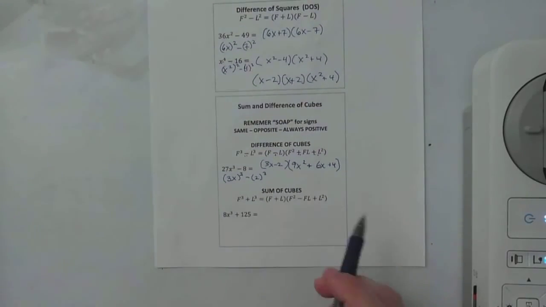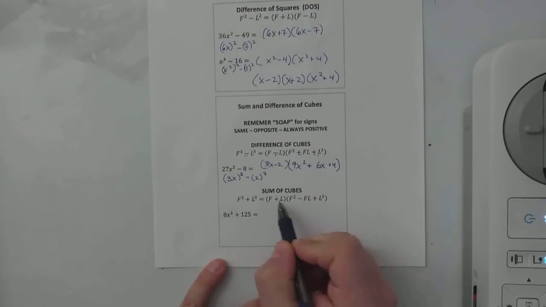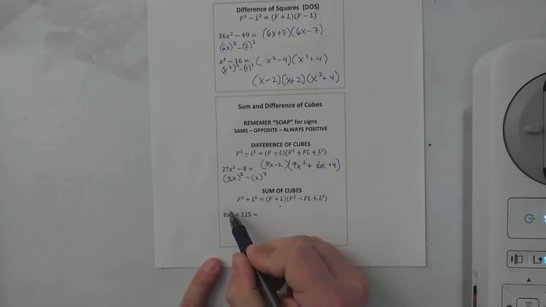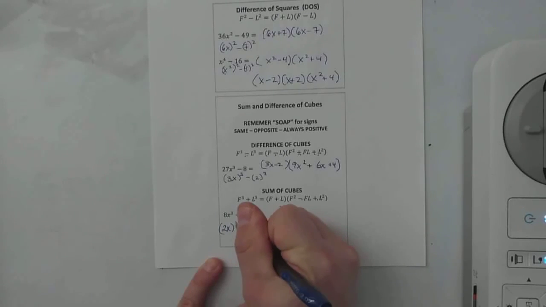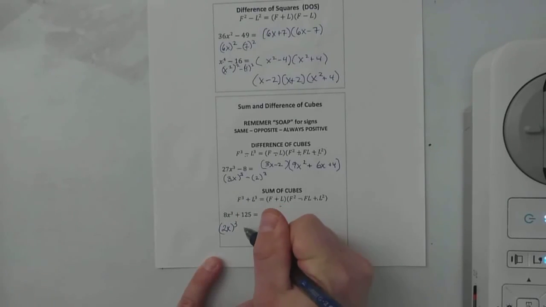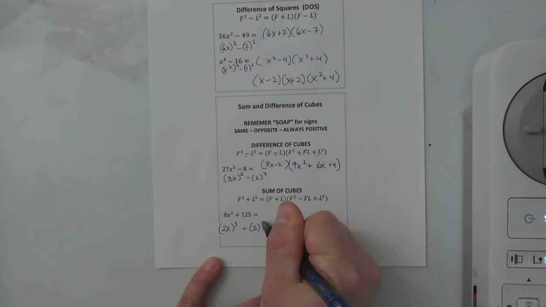For a sum of cubes, same rules: same sign, opposite, always positive. So what did we cube to get 8x cubed? That's 2x. What did we cube to get 125? That's 5.